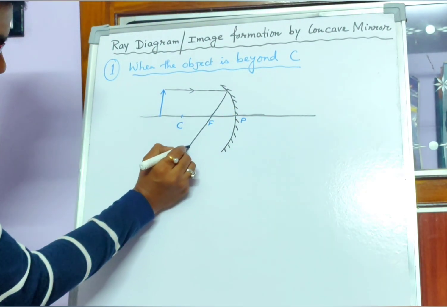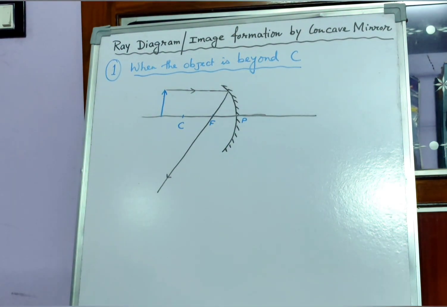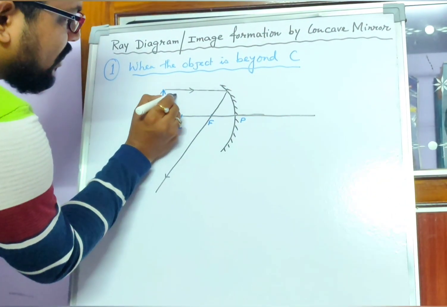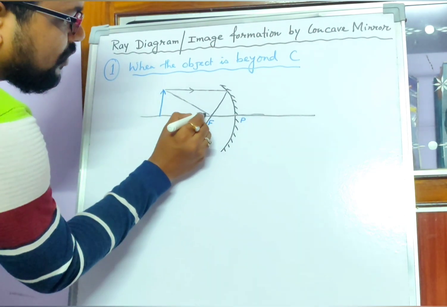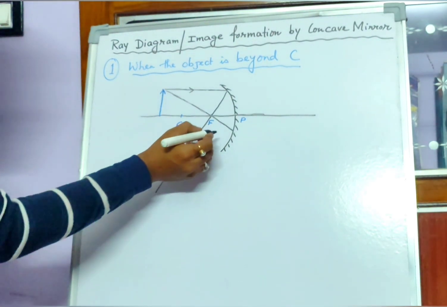Remember that this property I have already explained, right? And the next one, the ray which is passing through the focus, after reflection from the concave mirror, it becomes parallel.